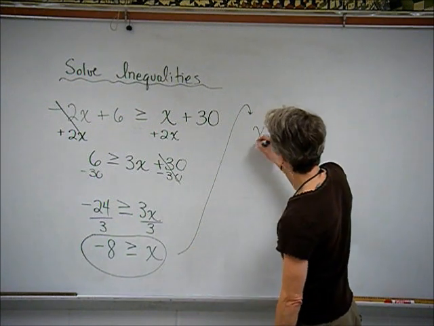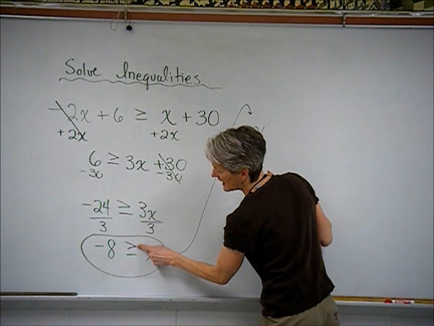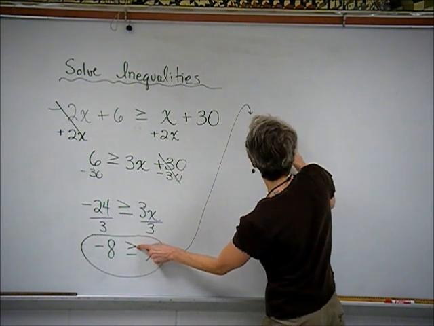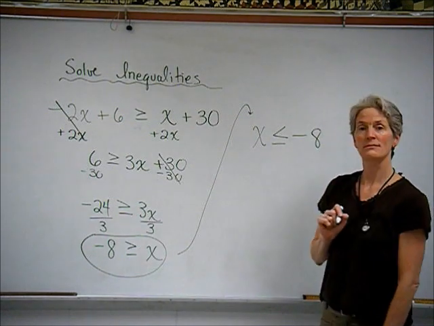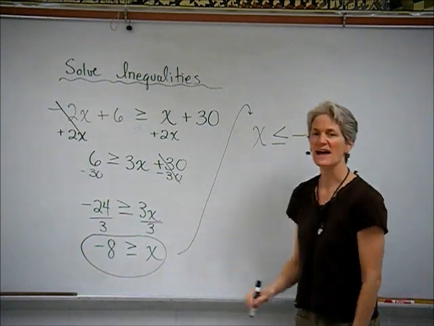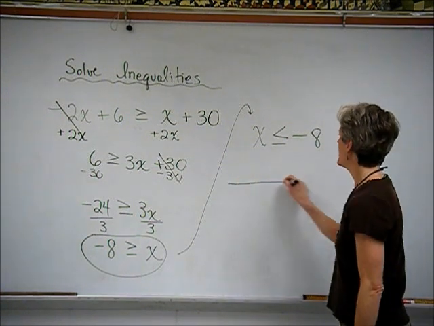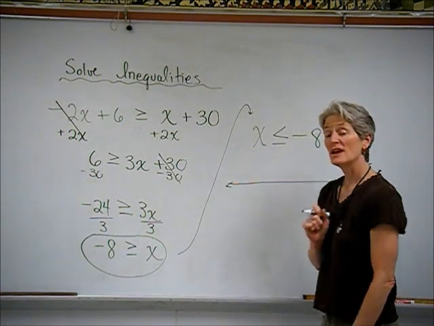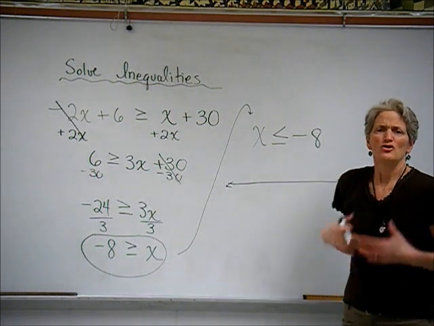If I do put the x on the left-hand side, you just have to remember the x is by the little pointy side, so the little pointy side has to stay with that x. That's equivalent to that. I just flipped the whole shebang. Does that make sense?